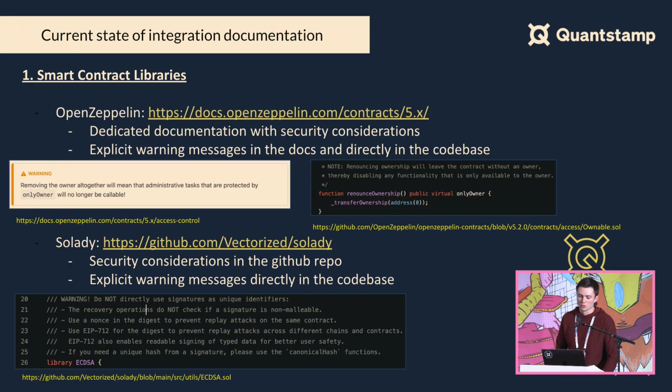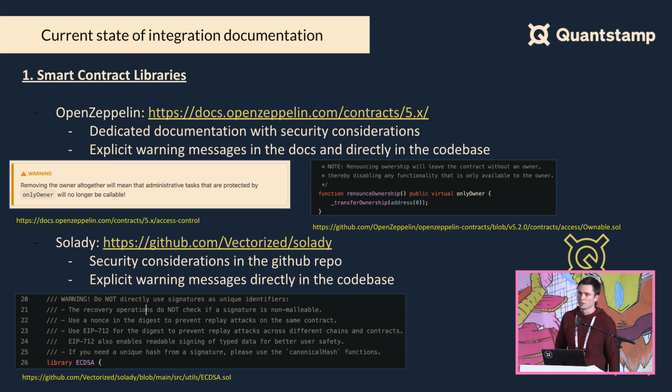The first thing we did was look at the current state of integration documentation. We have an example here where we're looking at a category of libraries. These are low-level development tools that most Solidity developers have used at some point in their lives, like the OpenZeppelin libraries or the Solidity libraries.